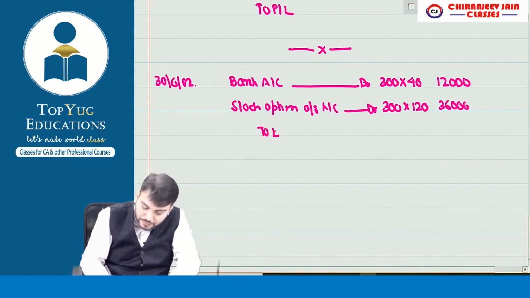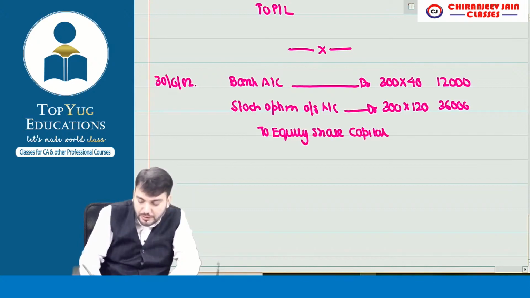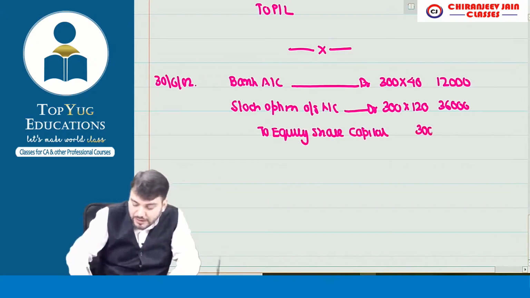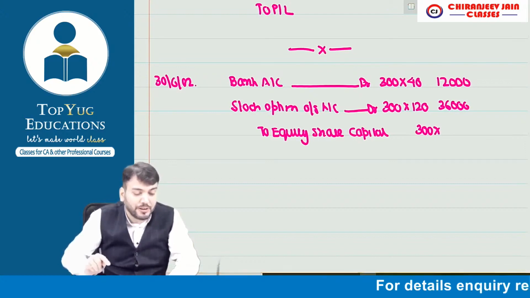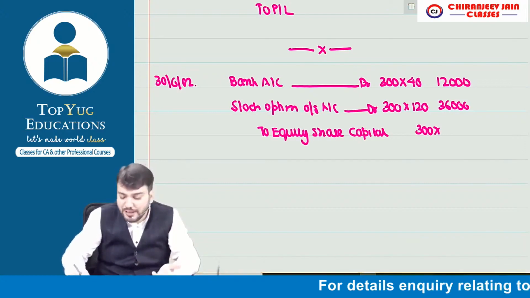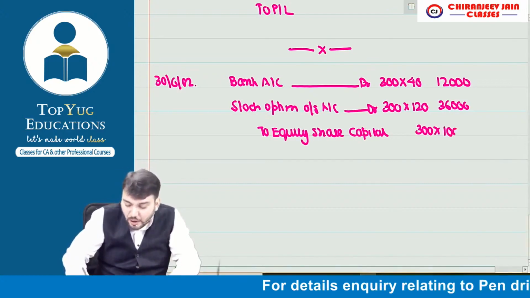To what? Equity share capital. Equity share capital कितना होगा? 300 into... So they have not given the nominal value of shares. In this question, you can see they have not given the nominal value. Therefore, we can assume 100 is the nominal value.